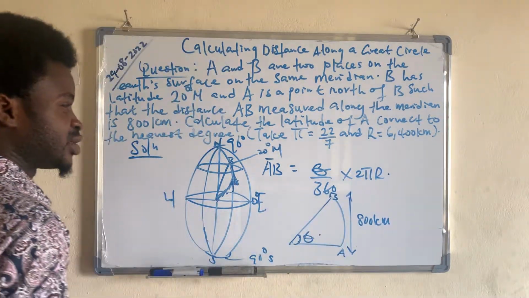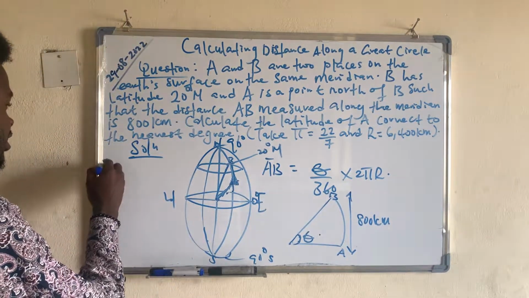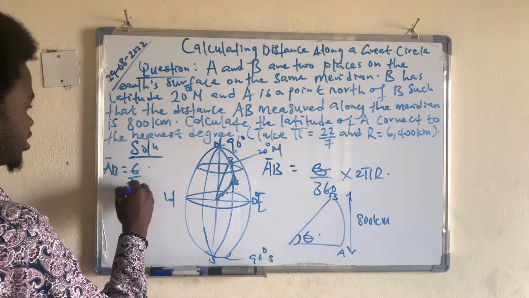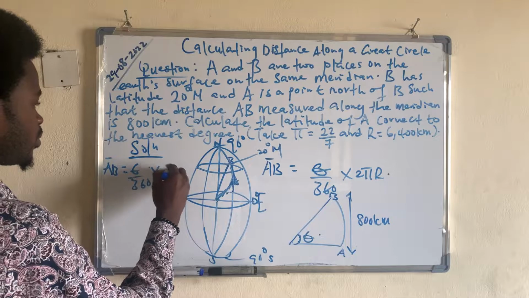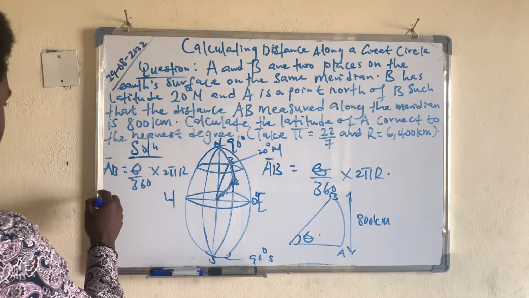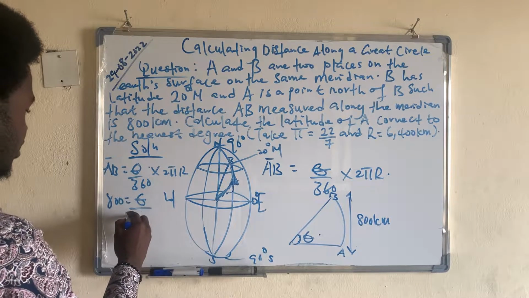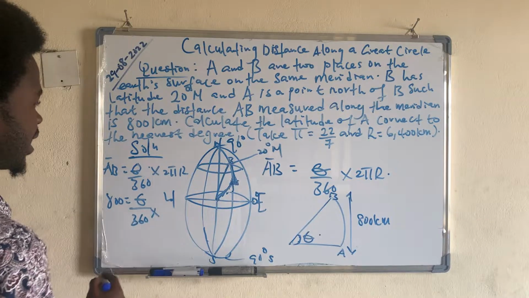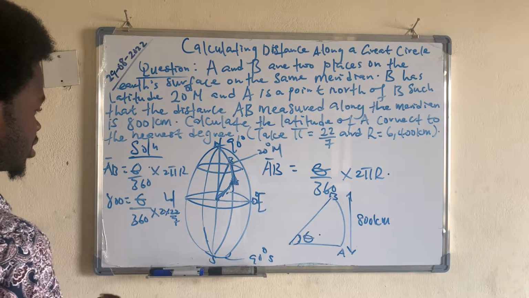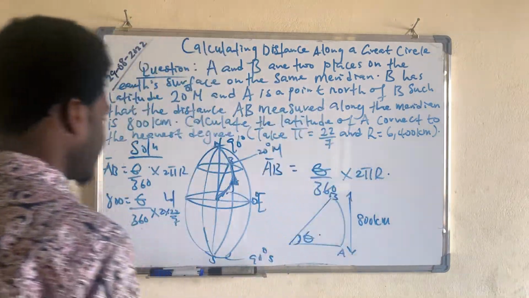So quickly to do that, I can simply write that AB is theta over 360 times 2 pi r. AB is 800 kilometers, so theta over 360 times 2 times 22 over 7, so I have to work off this.